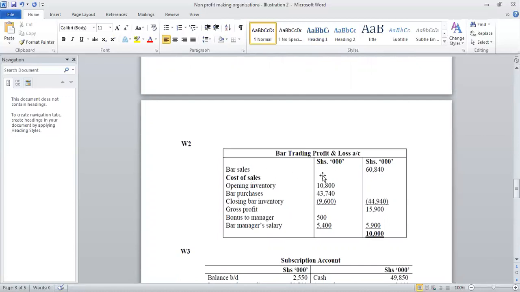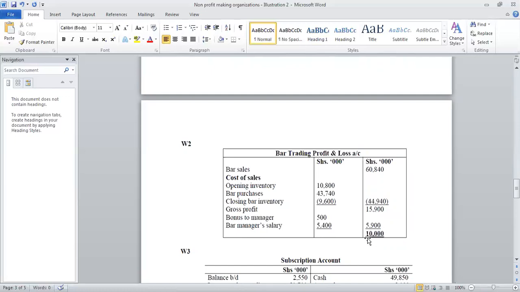Here, it is simply a simple income statement whereby we have the sales less the cost of sales, where it is opening stock plus the bar purchases, less the bar closing inventory, so that you can get the cost of sales, and then you less any expenses associated with the bar, where we have the bonus to the bar manager and the bar manager salary. You include them because these expenses are specifically meant for the bar. Then you get the total expenses. You minus from the gross profit, you get the net profit.